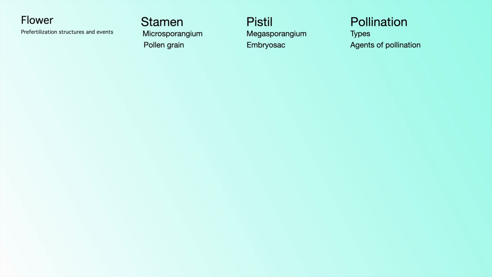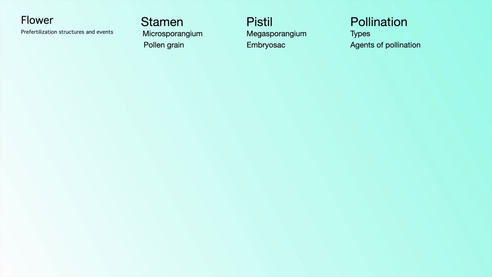Next is geitonogamy. It is pollination between anther of one flower and stigma of other flower of same plant. It is functionally cross pollination because it is occurring between different flowers. But as the plant is same, it is genetically similar as autogamy.